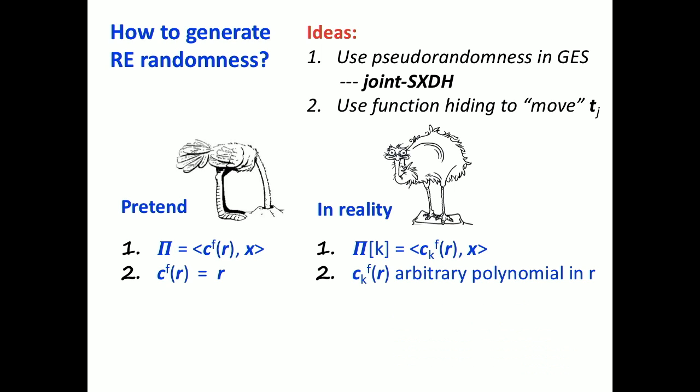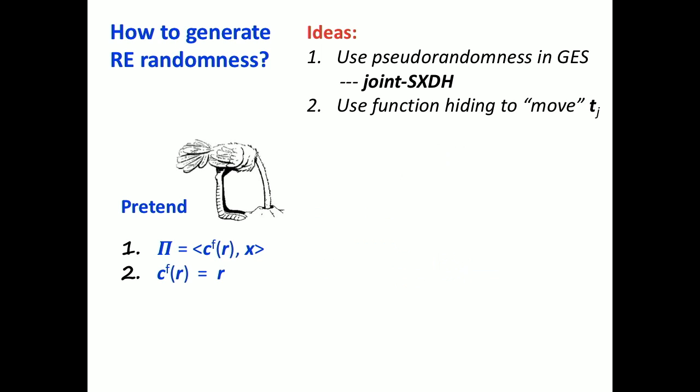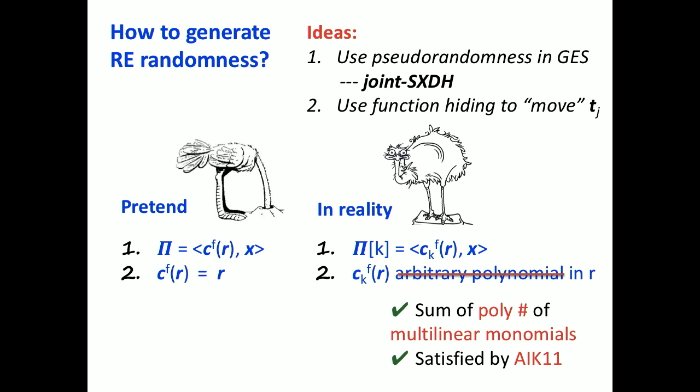In reality, the coefficient vector could be an arbitrary polynomial in the randomness. What we can handle is that as long as these polynomials are the sum of a polynomial number of multilinear monomials over R, then we can deal with it. It turns out that this property is satisfied by the AIK11 randomized encoding construction.